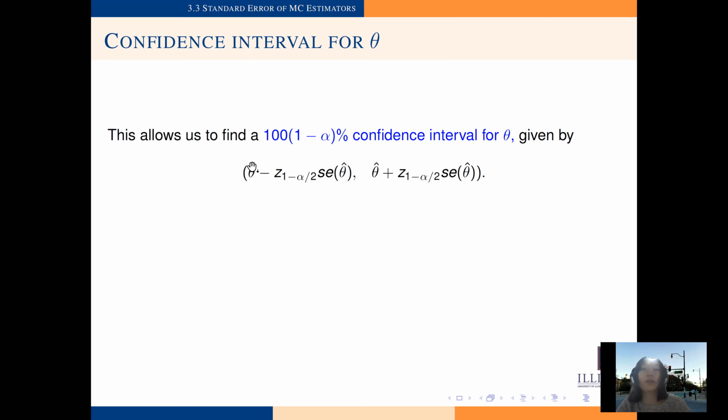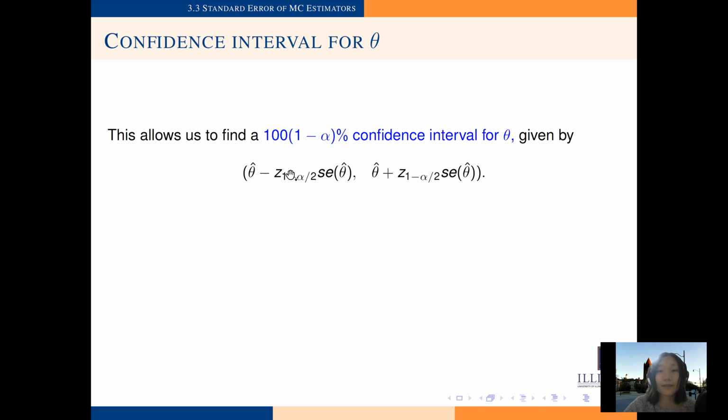So for example, if we choose to find the 95% confidence interval, then 100 times (1 minus alpha) is equal to 95, meaning that 1 minus alpha is equal to 0.95. In this case, alpha is equal to 0.05.